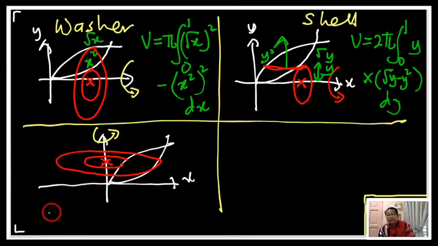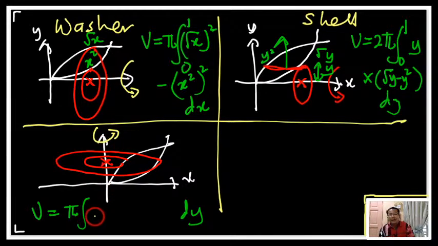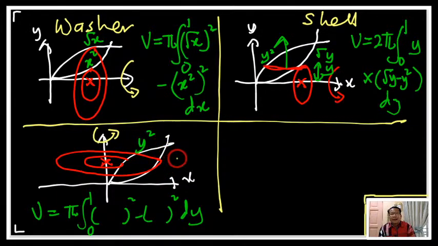Okay, so V now pi, dx become dy because you move down to top. So 0 to 1 also, big one minus small one. So dy. This one is the big one, y squared, and the small one is sec y. So, sec y minus y squared.